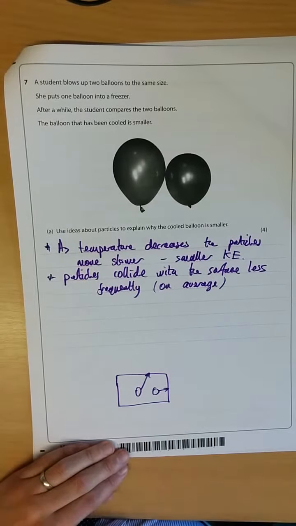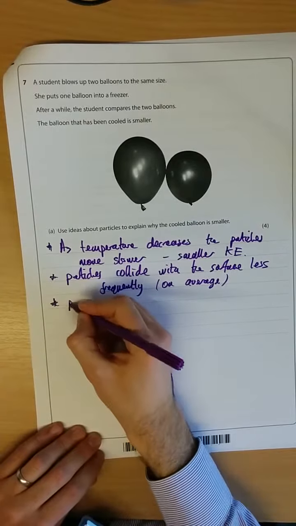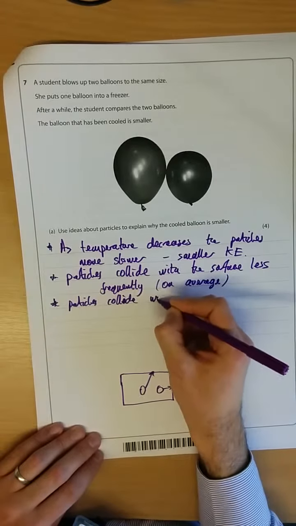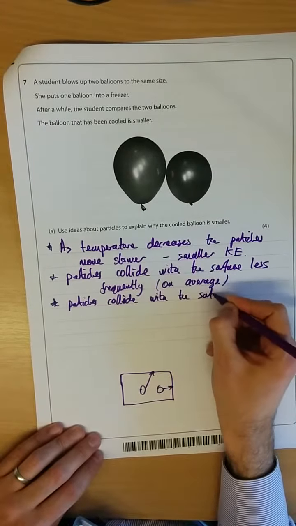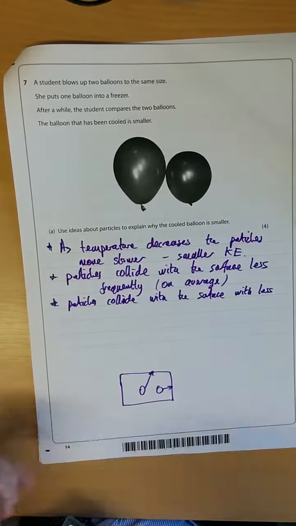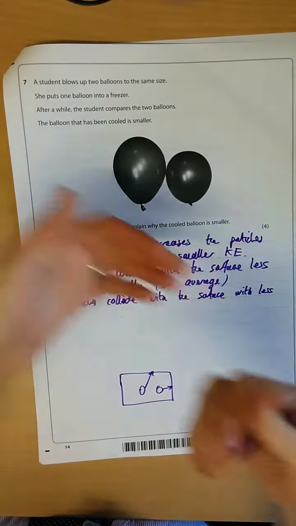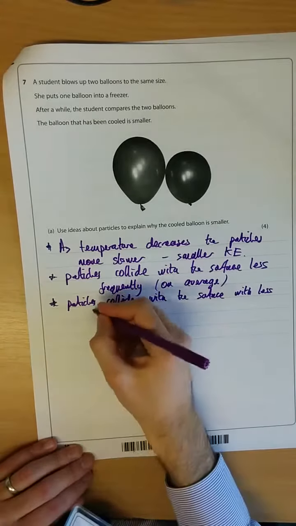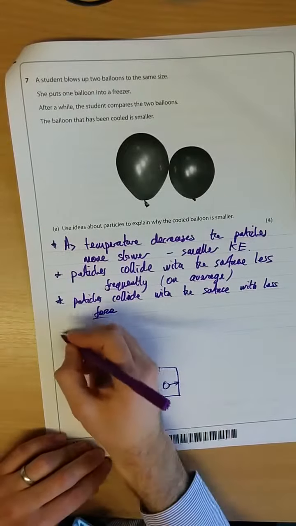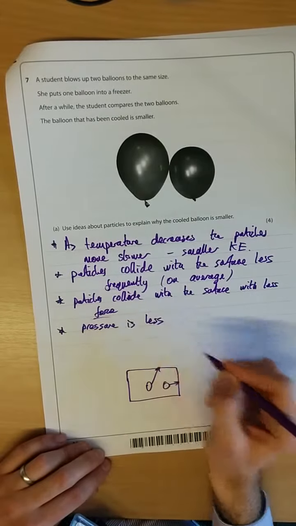Now, because they're going slower, particles collide with the surface with less force. Because they collide less frequently, less often, and with less force, this means the pressure is less.